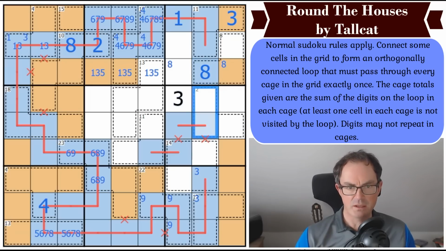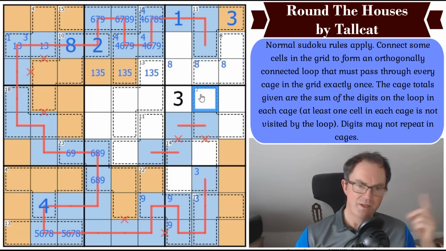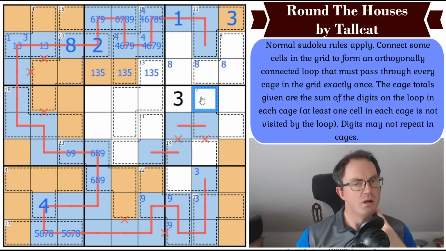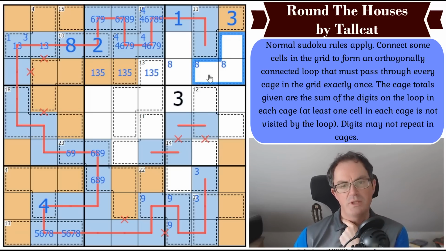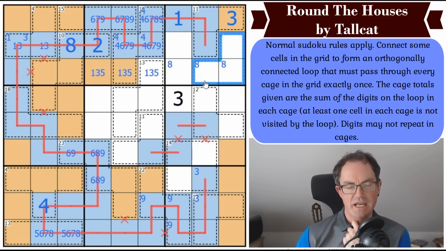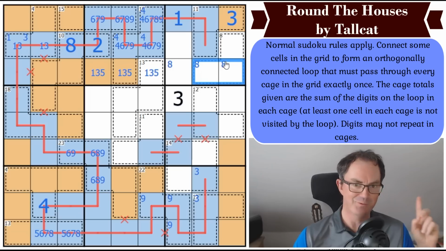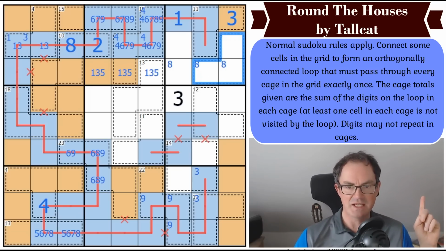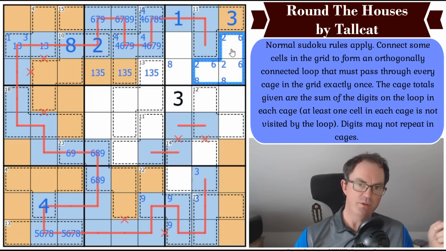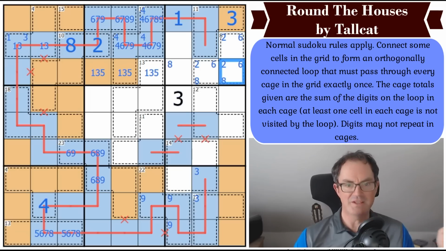So I think what we can do, well, what we can say is this is not a solitary 8 on the path. So I'm not saying there's not an 8 in this cage, unfortunately. There could still be an 8 in the cage, but there must be a 2 and a 6 in that cage, and they are on the path.